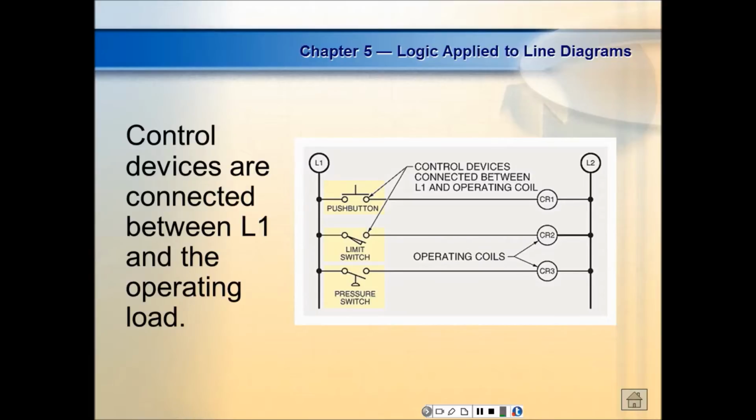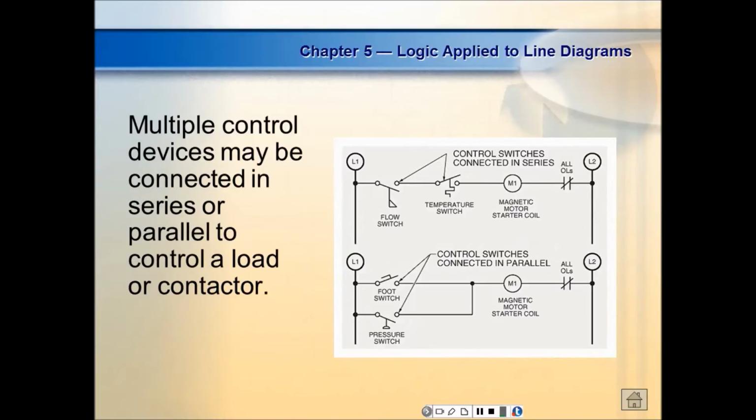I don't have a pressure switch in here. We've got a sensor for a pressure switch, but we don't have the switch on it. We can hook these devices in series.